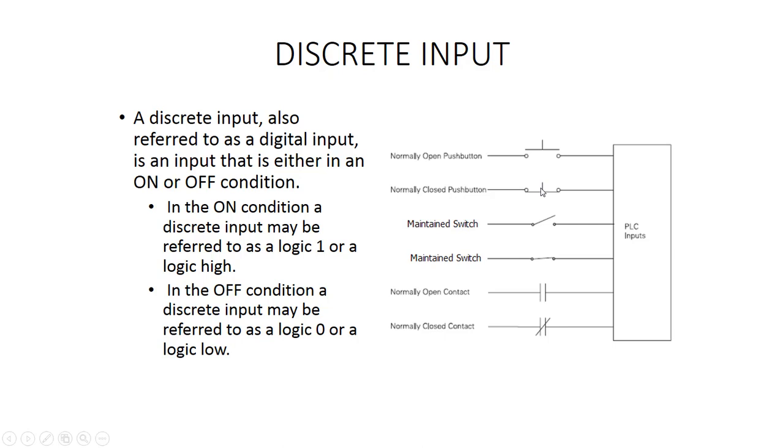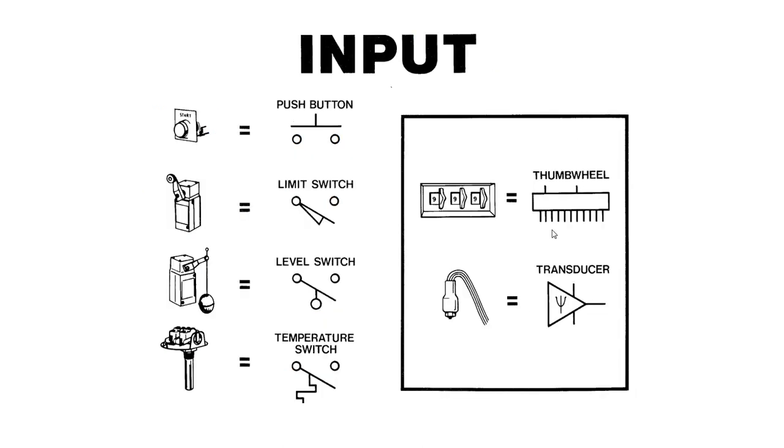But your normally open and normally closed push buttons, maintained switches and limit switches, that's where you're going to see your symbols on your discrete input modules. Once again, some more popular ones: limit switch, level switch, temperature switch, push button. These are digital. You won't see these in the ladder logic, but you would see these on the wiring schematic as they get wired into the PLC.